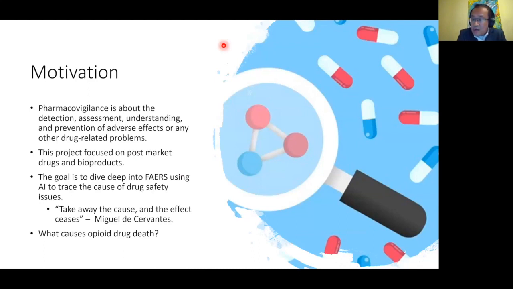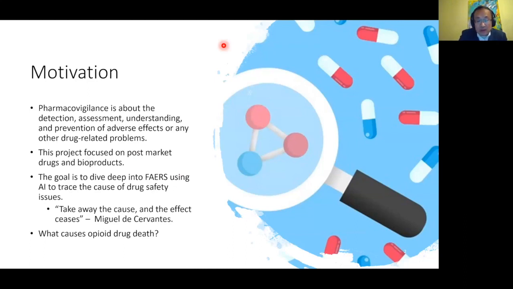So we want to tackle and understand the current opioid drug crisis by analyzing a large data set from FAERS, to answer the question like, what is the cause of opioid drug death?